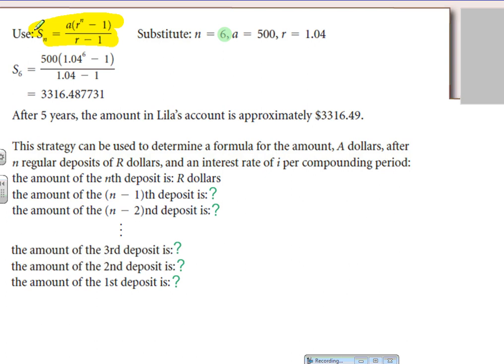Your A, or your T1, that's $500. It's going in each time. You're starting with $500, and then it is going up by 1.04 each time. And we're going to do the sum of that. So we just plug it straight into the formula, and we will get the exact same answer as if we did all 6 of those other terms and added them up.